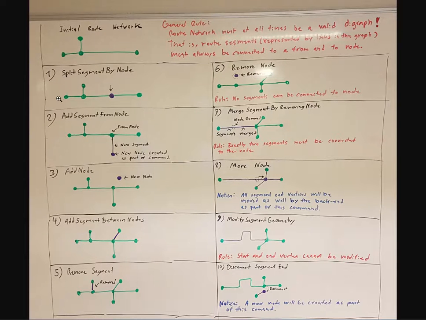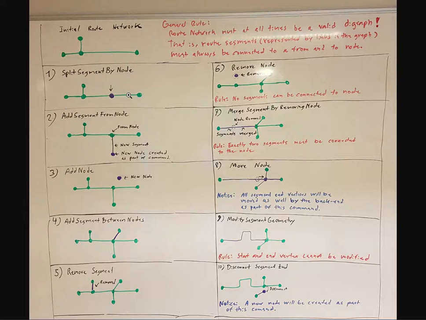If we take the first command here, which is the split segment by node command, the way it works is that you actually specify a new node inside this command. You say, okay, I want a new node with this ID, and I want to use that node to split some existing segment.